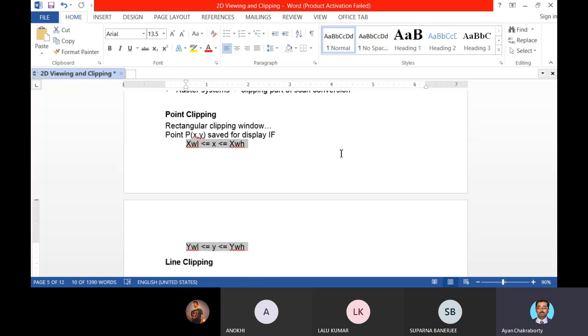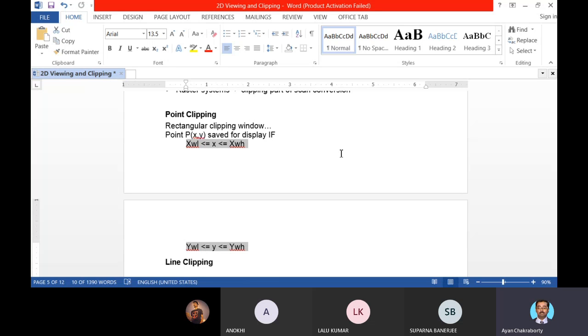If X and Y are in between these two limiting values of X coordinate and Y coordinate, then we can say that the point P with coordinate value XY will be completely visible and within this window coordinate region, so that it will be visible to the viewer. Okay, so this is called point clipping.